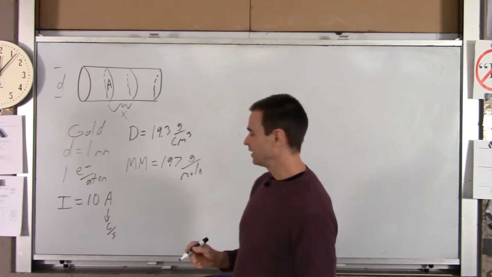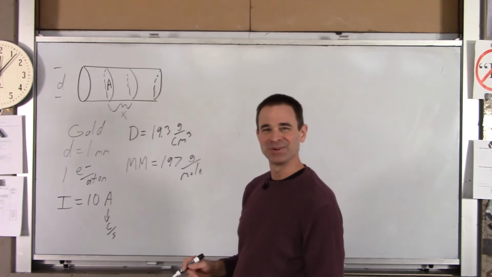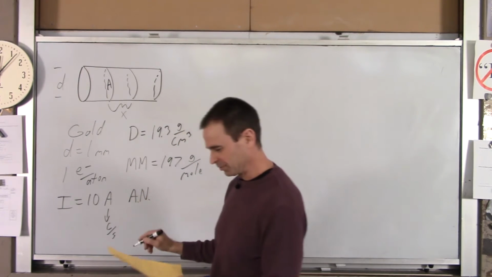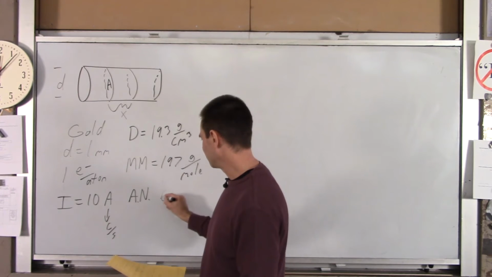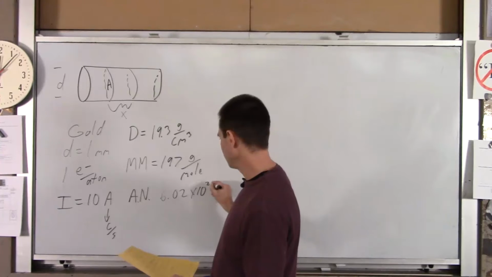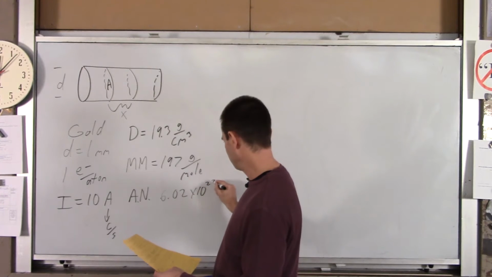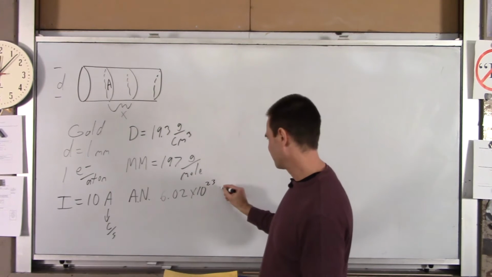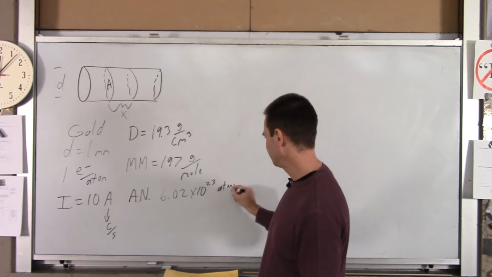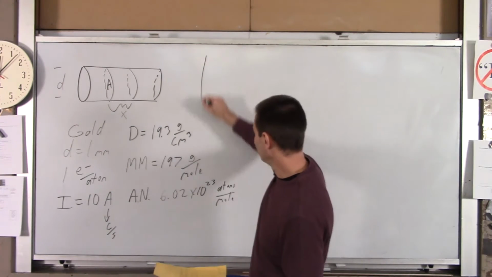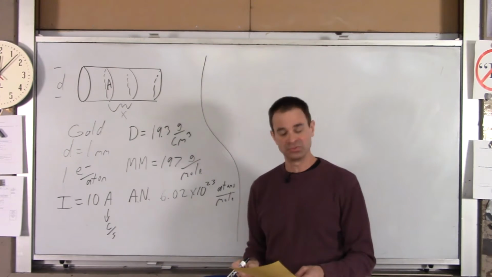And finally, we're going to need Avogadro's number, which I'll abbreviate AN, and that is 6.02 times 10 to the 23rd atoms per mole. Okay, so that's all of the data we're going to be using.